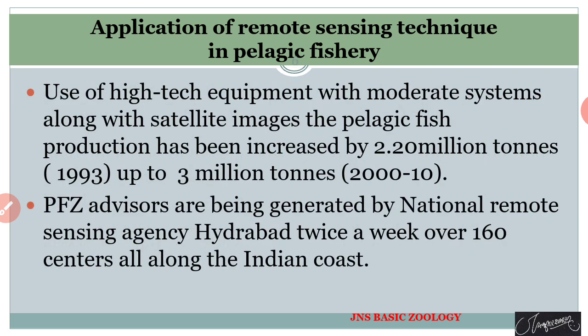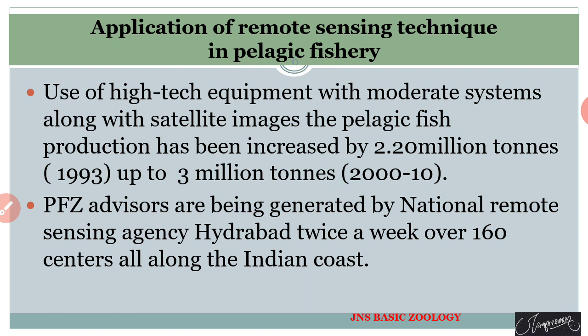Use of high technology equipment with moderate systems along with satellite images, the pelagic fish production has increased from 2.20 million tons, which was up to 1993, to 3 million tons in 2010.